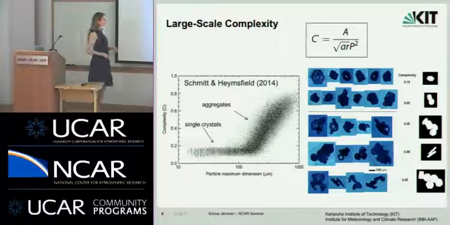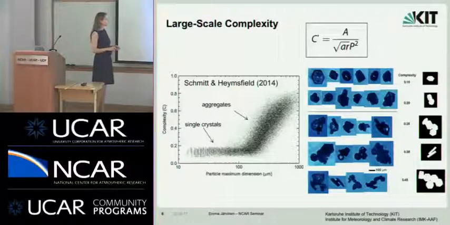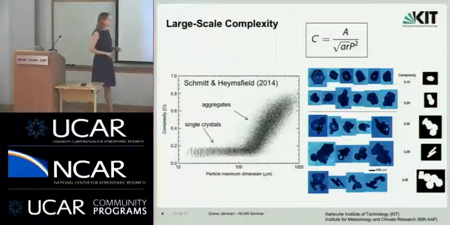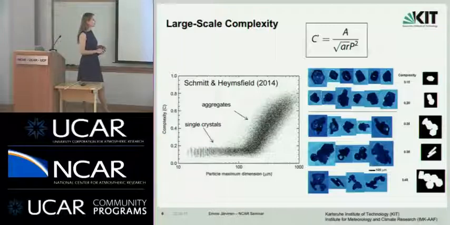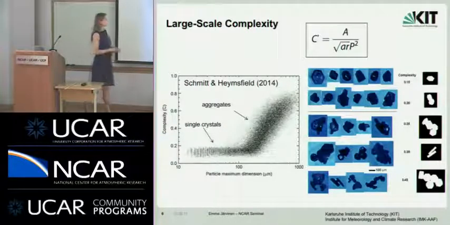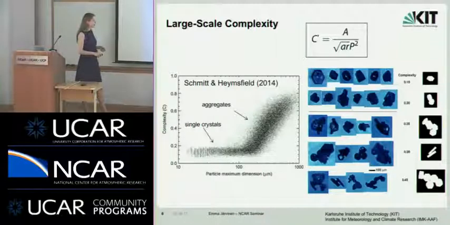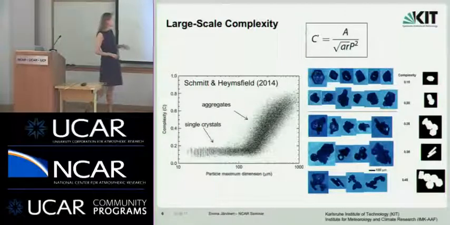There's already an attempt to quantify this complexity using a complexity parameter defined by Schmitt and Heymsfield, where we take the projected area of the particle divided by the square of the area ratio and the perimeter of the particle. It gives us the degree of aggregation or degree of complexity within these ice crystals.